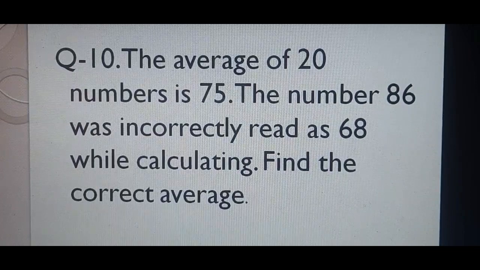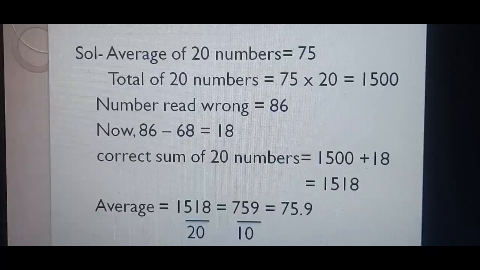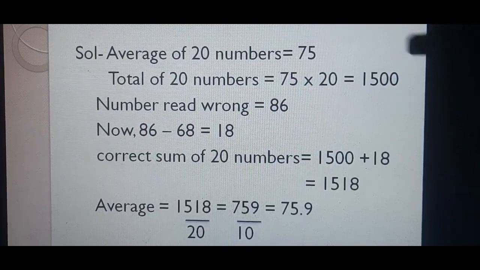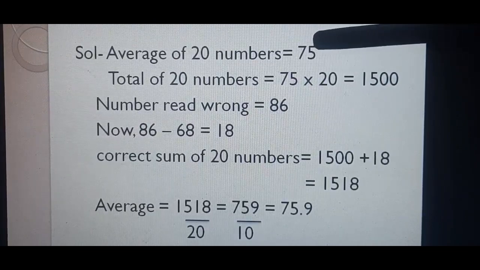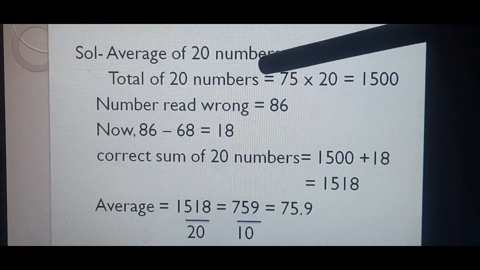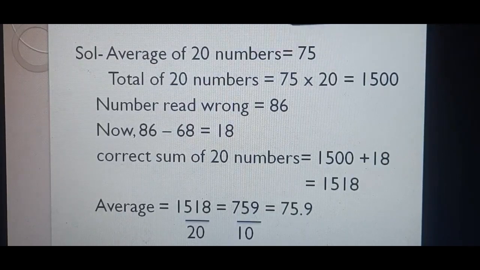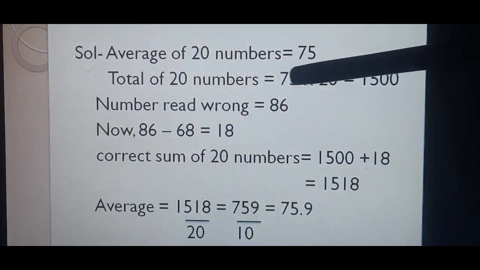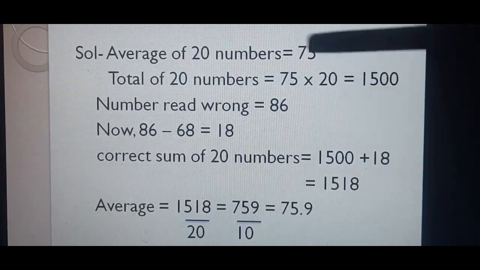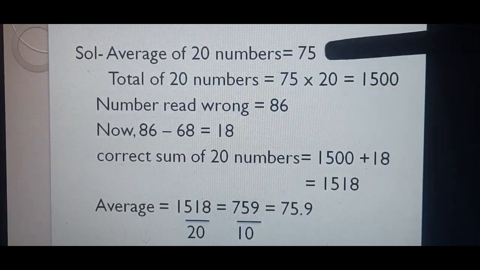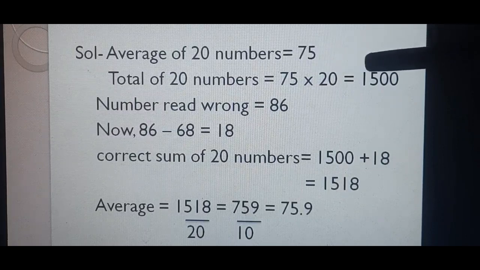Now see what is the method for finding out the answer. Average of 20 numbers, 75. Total of 20 numbers. एवरेज से जब हम टोटल निकालते हैं we multiply this with the number. So 20 multiplied by 75, or we can write 75 multiplied by 20. 75 twos are 150 and then 0 to the right side of the product.